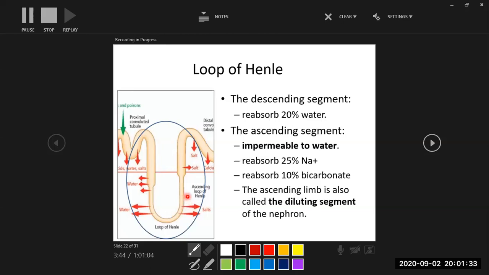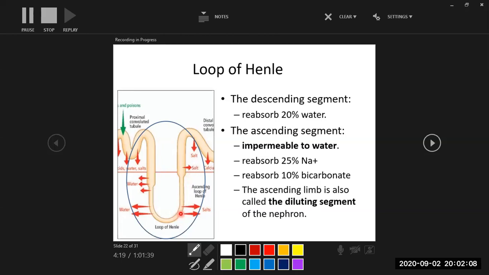And we have the basolateral sites to pump the salt back to our body. So we will see that salt gets pumped back, salt gets reabsorbed, but not water. When only salt gets pumped back but not water, we basically dilute the solution. We keep the water in, but we remove all the salt back to our body.